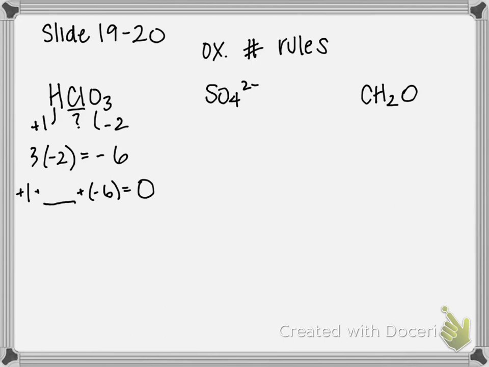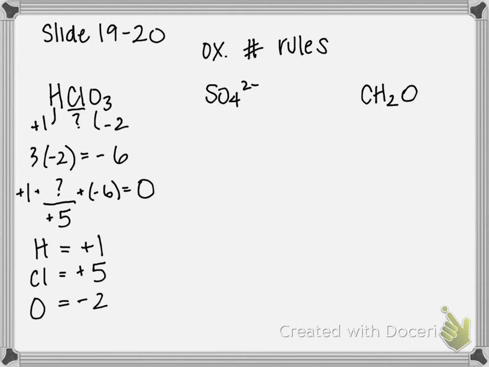So that number in the middle, in order to cancel out all the other charges and have them equal 0, has to be +5. And that happens to be the oxidation state of chlorine. So hydrogen is +1, that's one of our rules. Chlorine, we had to figure out, is +5. And oxygen, just a single oxygen, is -2.